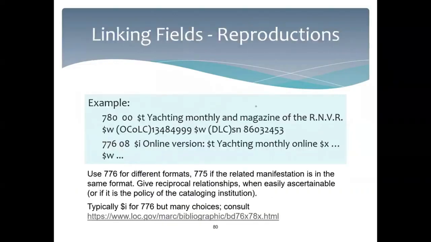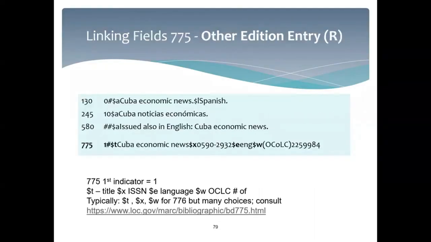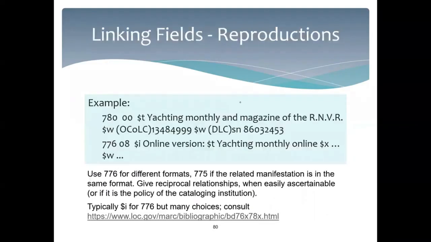Another one that you can link to is reproduction. So this would be one choice for how you link your print and electronic together. The 776 is for different formats. The 775 is for related manifestations, as they call them, but the 775 is really where you're going to get to different editions, different versions, like language versions. 776 is where you're getting to different formats.